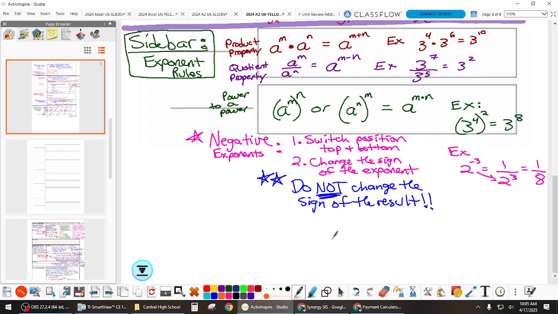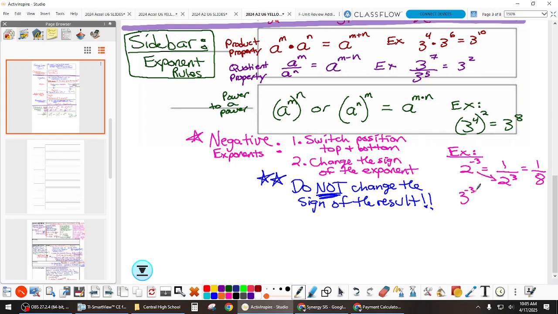I want you to pause there and look at that, because it does admittedly look kind of weird that 2 to the negative 3 becomes 1/8. It's not intuitive for most people. So know the rules. That helps you get through that part that your gut thinks incorrectly. 2 to the negative third, there's no negative sign in our answer. It's just 1/8.